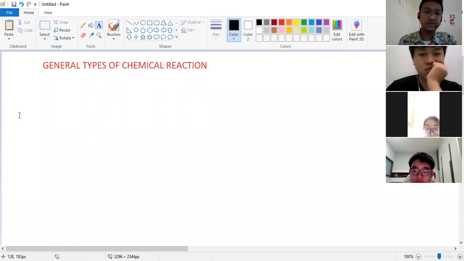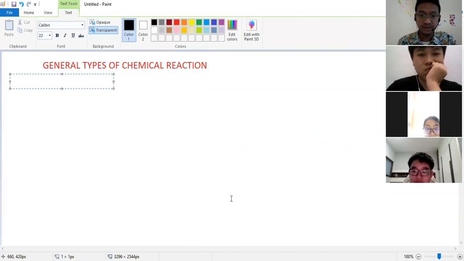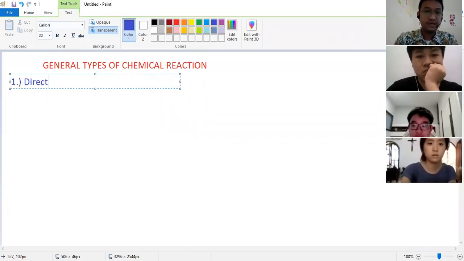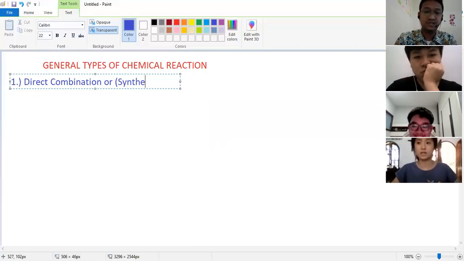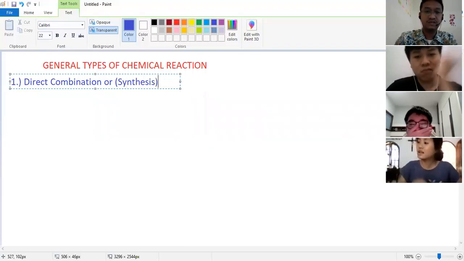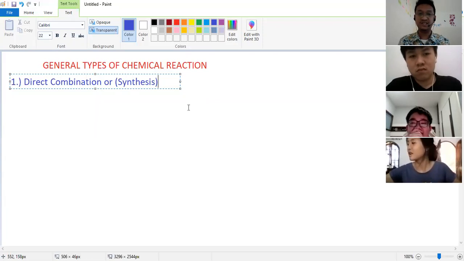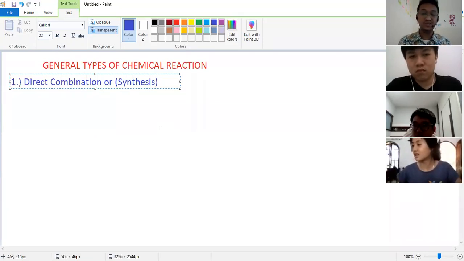The first one is what we call direct combination. Direct combination reaction is also known as synthesis. It's from the word synthesize. We used to synthesize something in order to create new stuff.